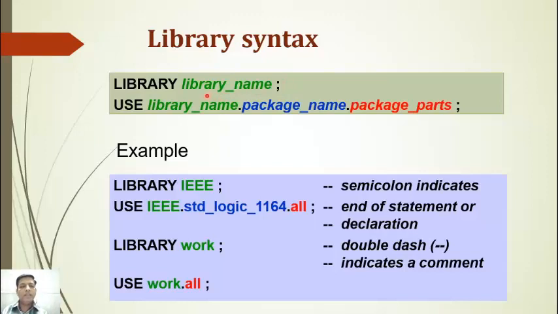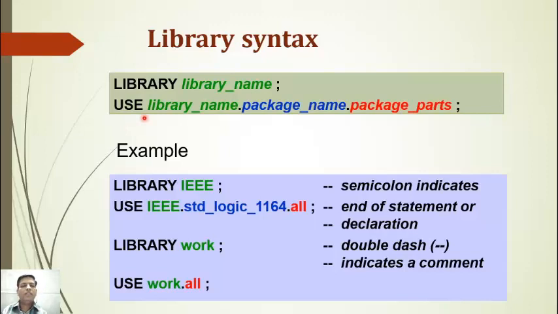Here the name is defined in green color and library is defined in black color. Then use library underscore name, the same name we have to use in the clause, dot package underscore name dot package underscore parts. So this should be the syntax for the library.